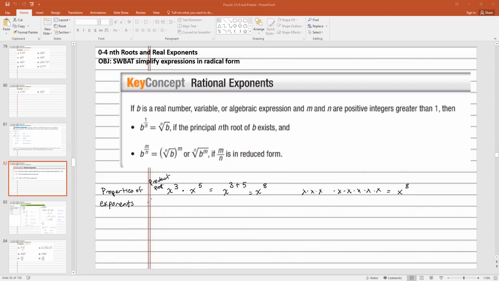Okay, now we're going to talk about the quotient property. We talked about multiplication, now let's talk about division. Let's do y this time: y to the 7th over y to the 4th.